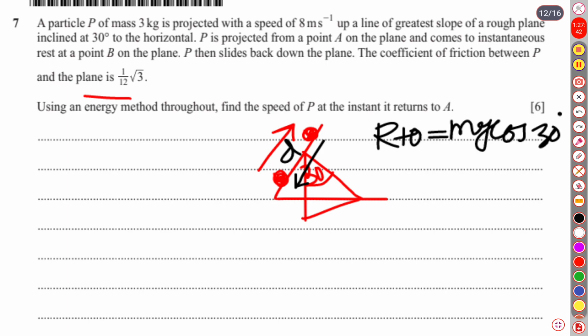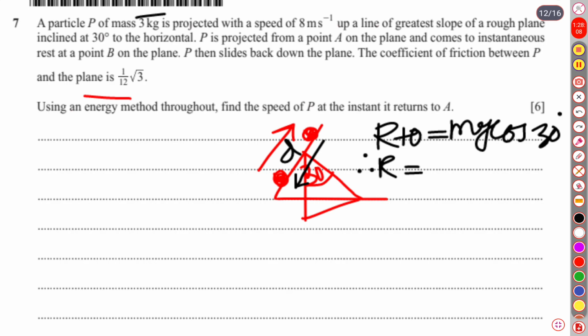Hence, R is going to be the mass of the particle, 3 kg. So 3 into 10, that means 30, cos 30. Sorry, we are finding the normal reaction, so that is the adjacent component, cos 30.